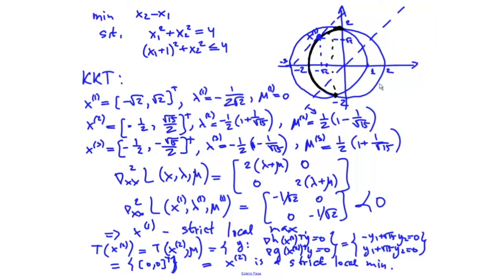And also considering that the feasible region of this problem is a compact set, we can conclude that among these 3 points, the smallest value of the objective corresponds to x3, this is our global minimizer. All right, so x2 is a strict local minimizer, and then x1 is actually a global maximizer.